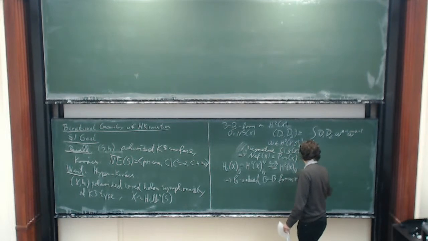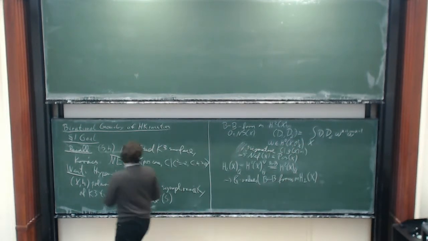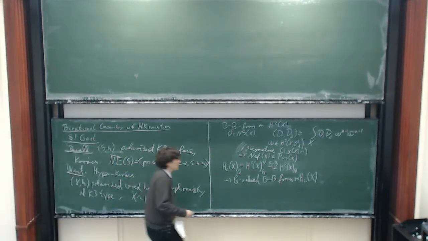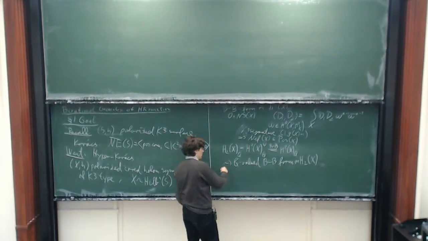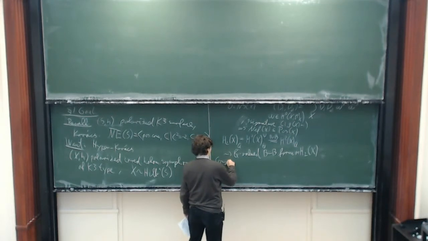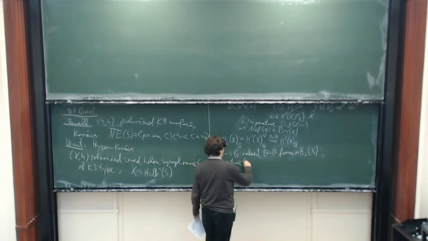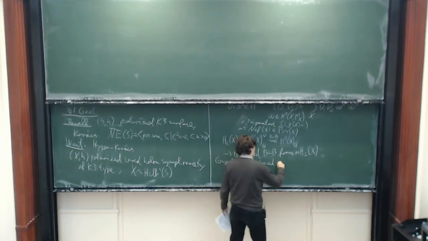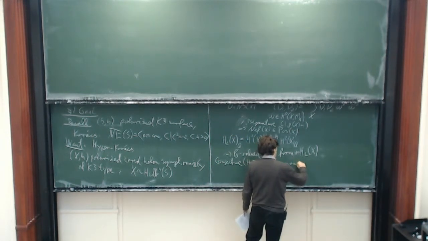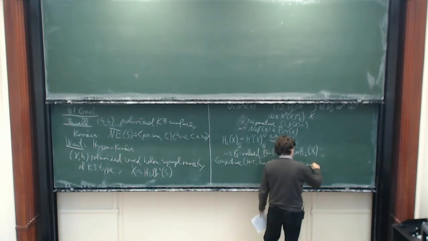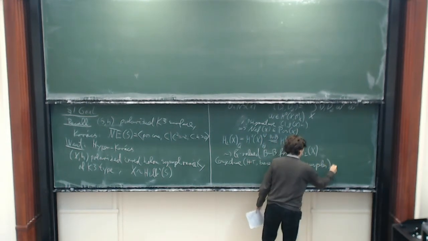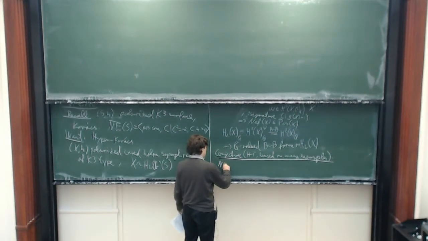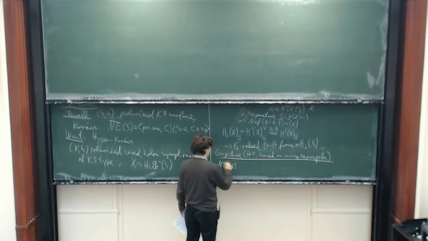Right, and this makes it even possible to formulate an analogous statement. They proposed the following conjecture based on many examples: that the Mori cone is completely determined by this quadratic form.